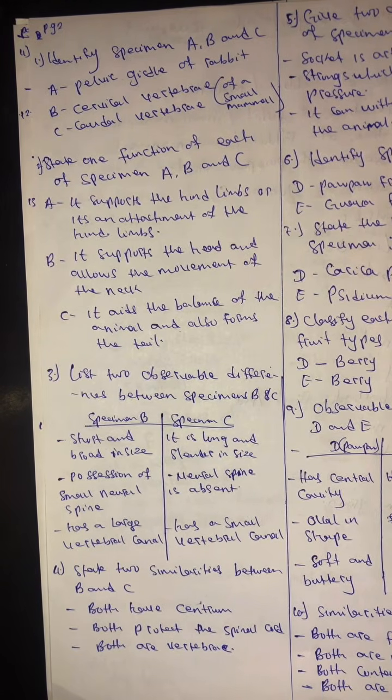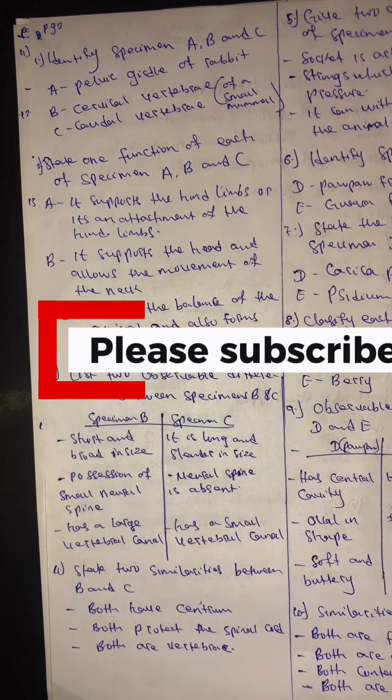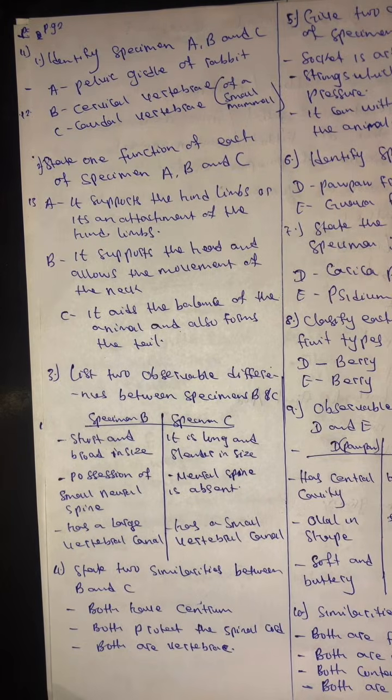First one is that B is short and broad in size, while specimen C is long and slender in size. The next one is the possession of a small neural spine, while in specimen C the neural spine is either reduced or absent. Did you get that? You can say you did not write that, but you know either it is reduced or it is absent.